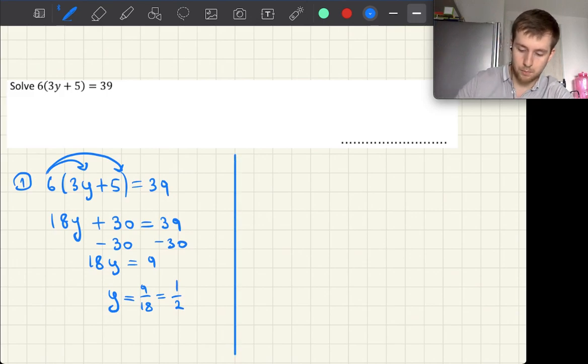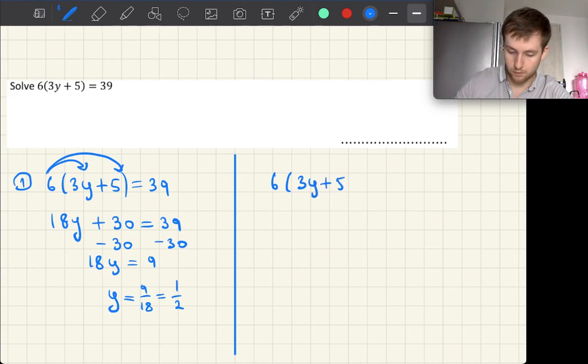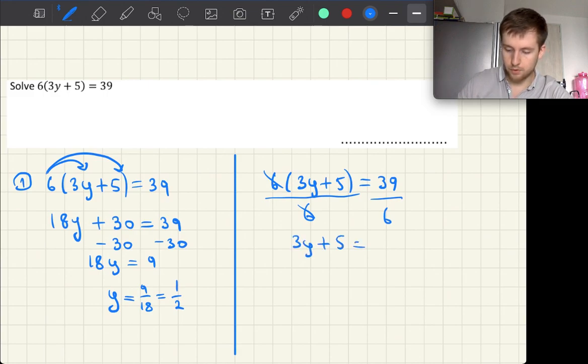Another way to do this would be to get rid of the 6 first. So what we can do is divide both sides by 6. This way we can cancel it out, and we will get 3y plus 5 equals 39 divided by 6, which is 6.5.